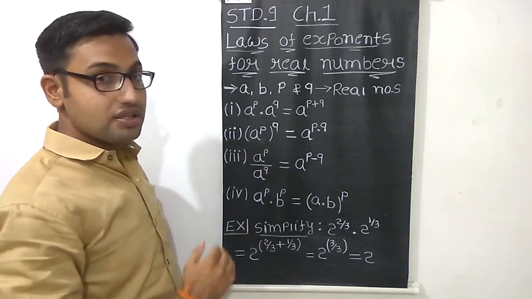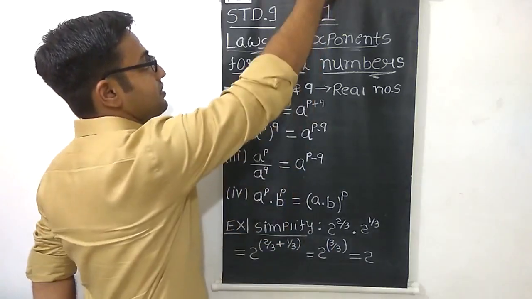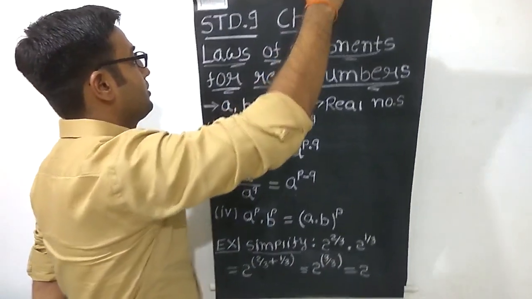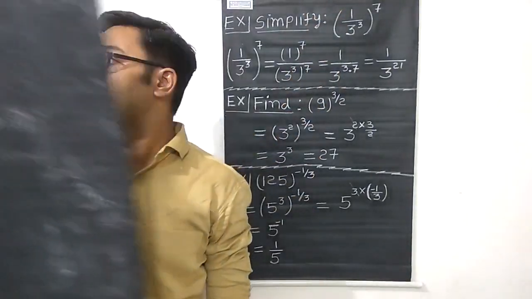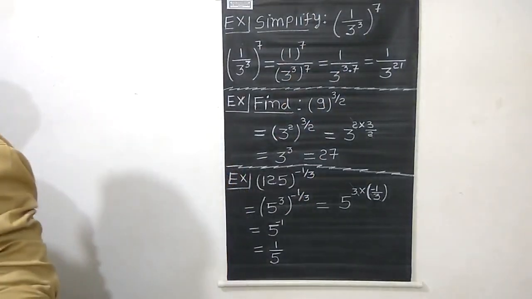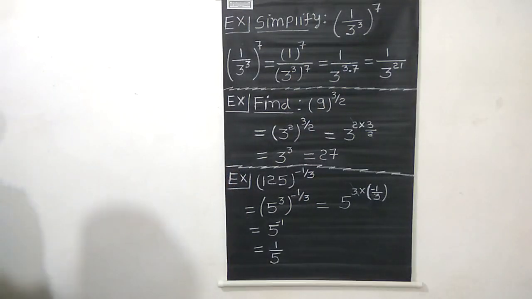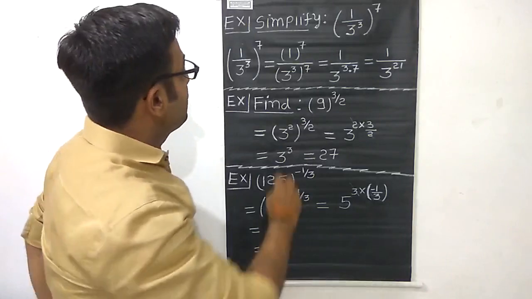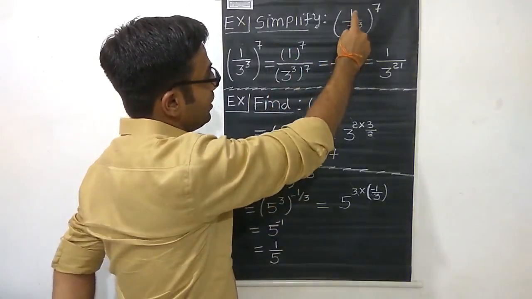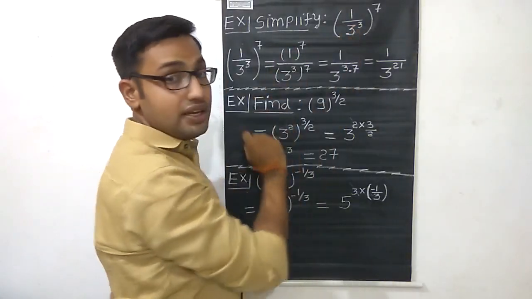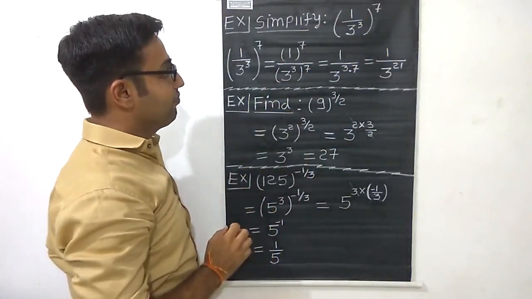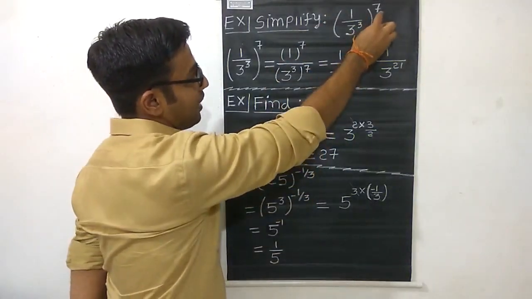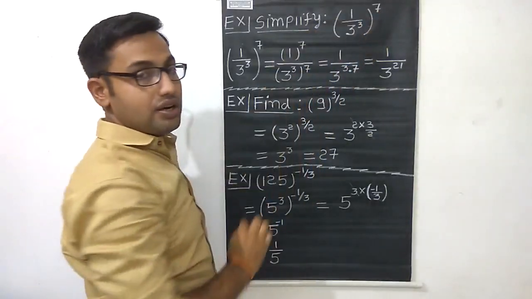Let's see another example of simplification. Simplify 1 upon 3 raised to power 3, whole raised to power 7. Here we can give this power to both the numerator and denominator.